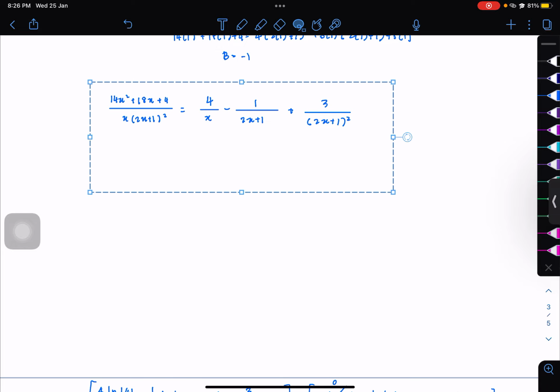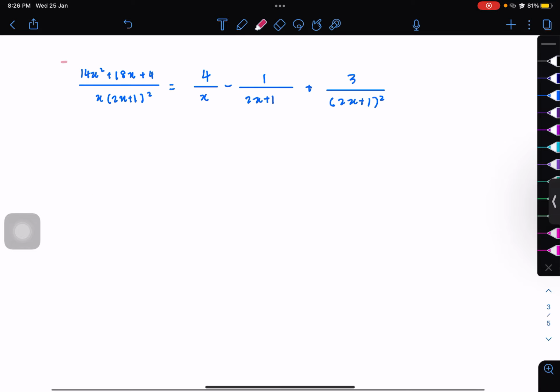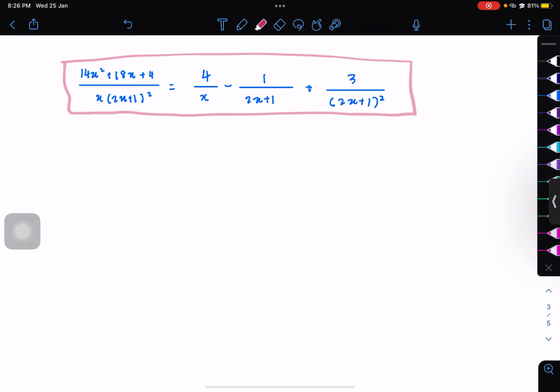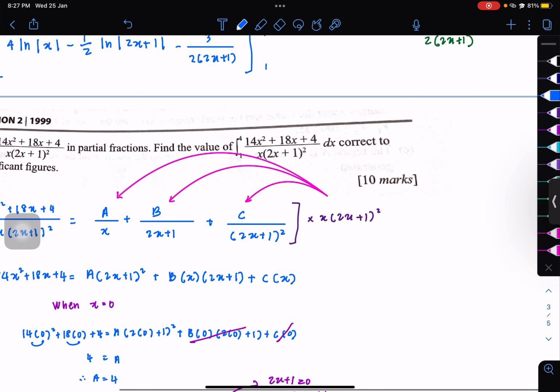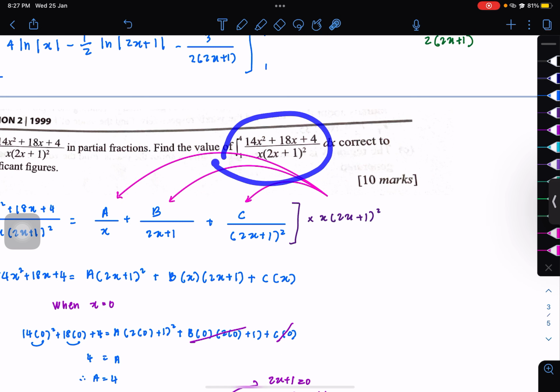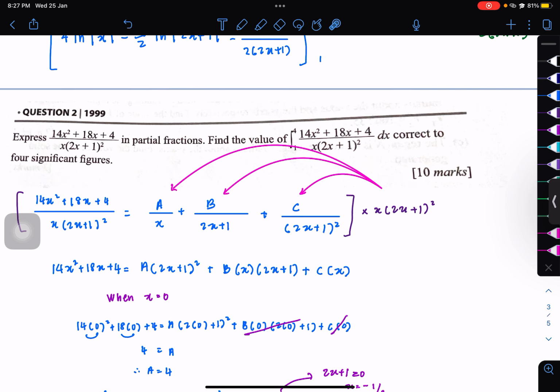So this is, I think taklah habis sangat kan. Okay, but you must do juga. So kita tadi dia cakap find the value of ni, correct to 4 significant figures.